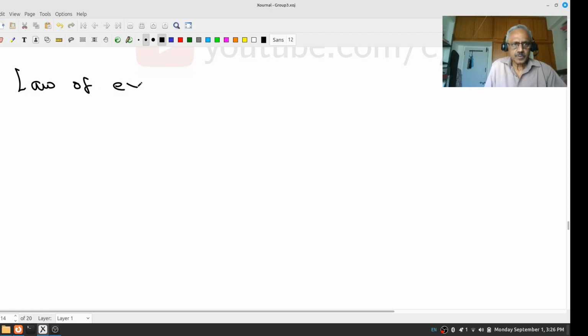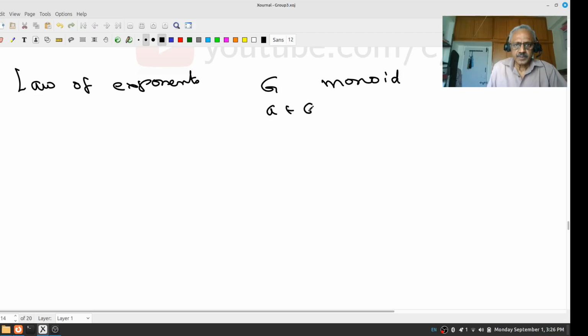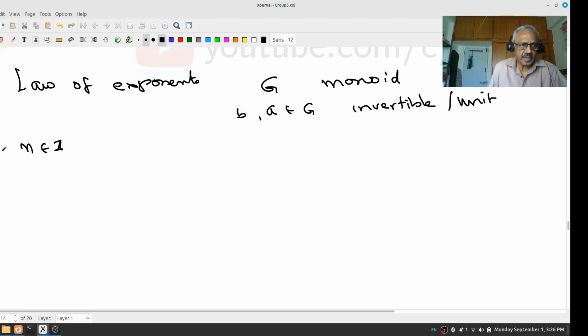Law of exponents. So G is a monoid. a in G is invertible, or a unit. n is an integer in Z. And similarly a, b are units and m, n are integers. The first thing we want to say is a to the power m times a to the power n is a to the power m plus n.